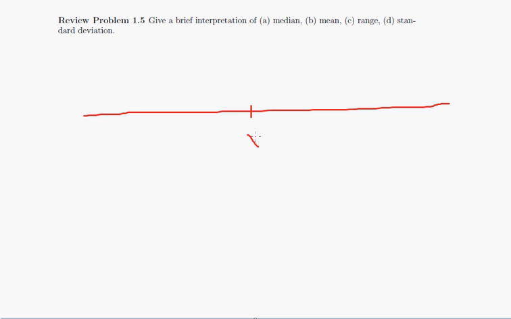Suppose you have the average here. Suppose you add one standard deviation and you subtract one standard deviation. Then, ballpark estimate, about 68% of the entries ought to lie within one standard deviation of the average.